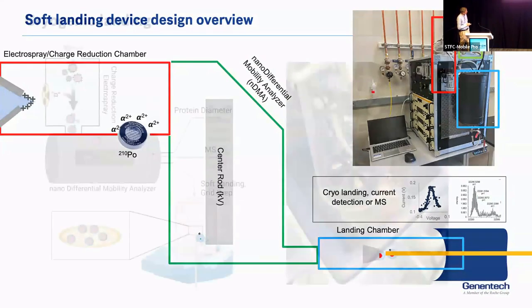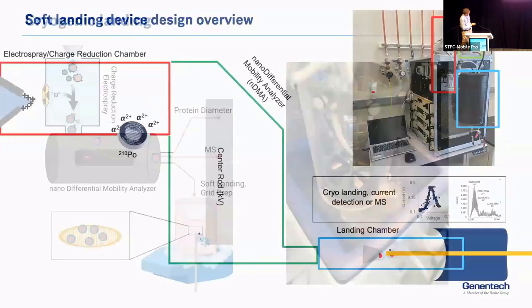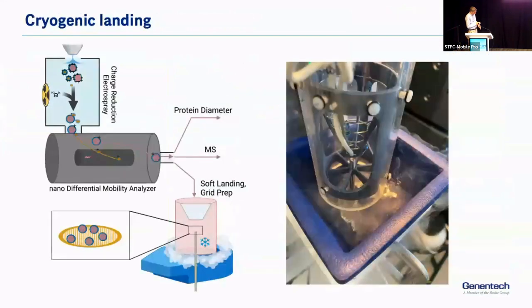And then once that's done, we go on to a landing chamber where the grid is kept cold. The results I'm going to show you were obtained at temperatures between -20 and -50 Celsius. So not liquid nitrogen cold, because if we did that, then we would get lots of condensation from the atmosphere, no matter how dry we try and keep it.